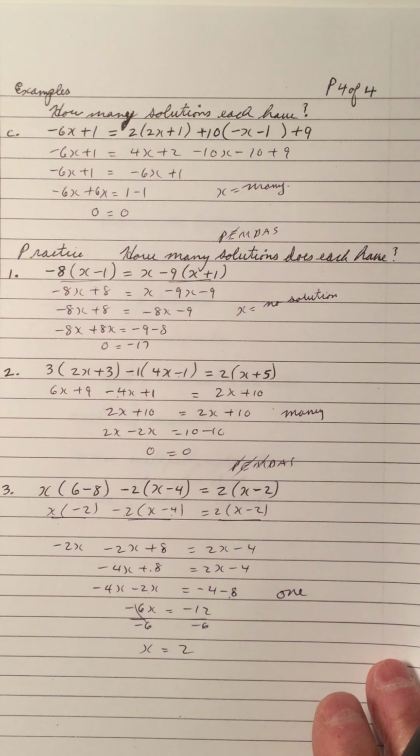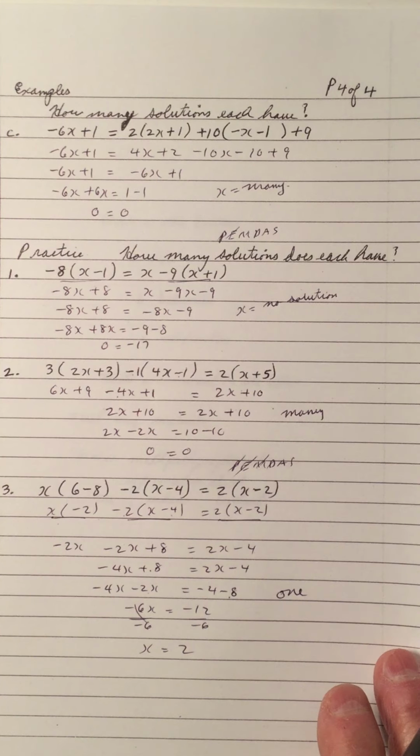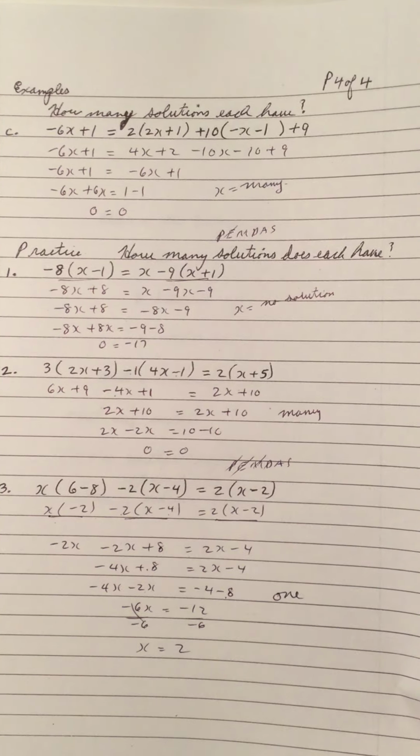If you get 0 equals 0, you've got many solutions. That means any number put in the equation will be true. If you got 0 equals 7, 0 equals 10, if you put x's on the left, numbers on the right, and you get 0 equals 4, then you know you have no solution, no answer, no value of x will make the equation true.